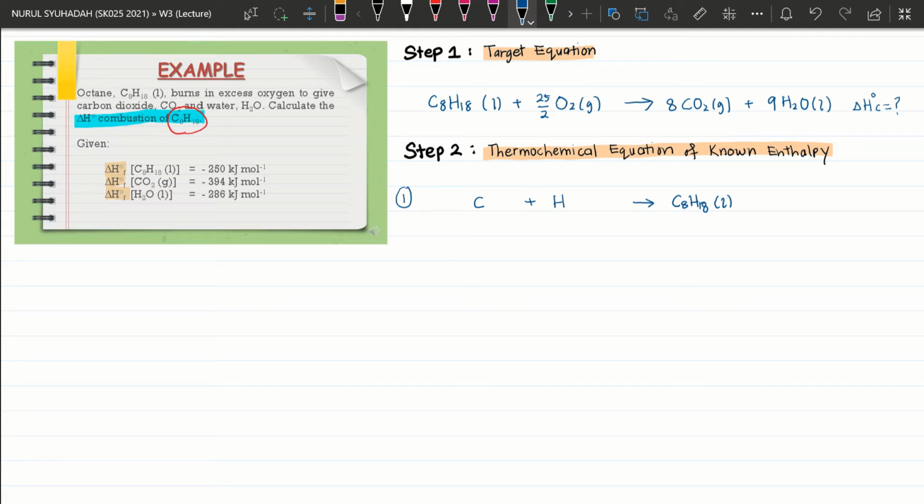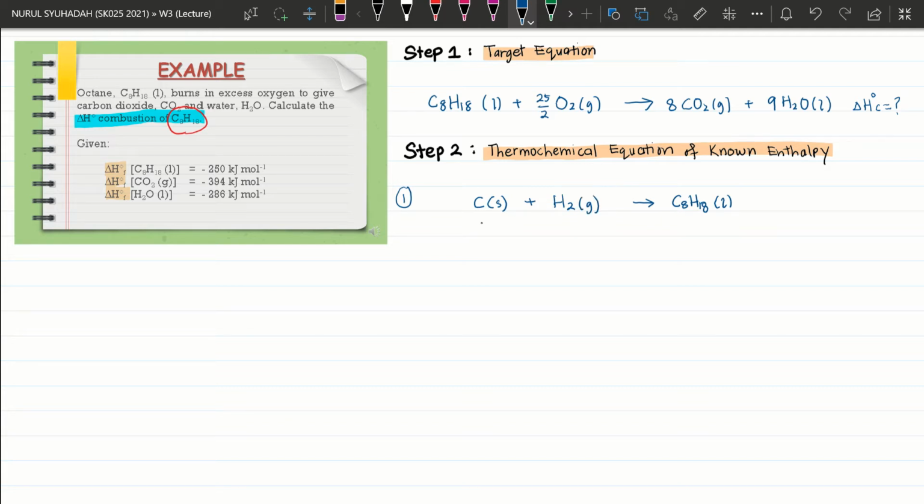So what is the most stable state of carbon at 25 degrees Celsius and 1 atm pressure? To make it simpler, how do you see carbon in real life? In the condition that you can see right now at room temperature, carbon exists as solid carbon, while hydrogen exists as H2 gas, a diatomic gas.